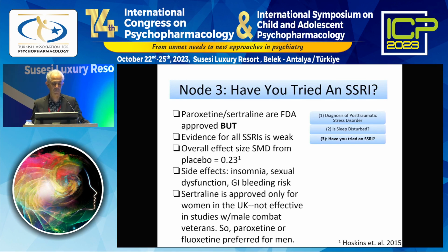And you know about the paroxetine and sertraline being FDA approved, but how good is the benefit? Well, it turns out the overall effect size by standardized mean difference in meta-analysis is 0.23. That's it. It's almost clinically insignificant, even if it's been statistically significant.